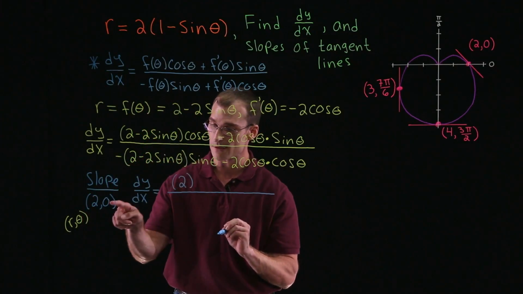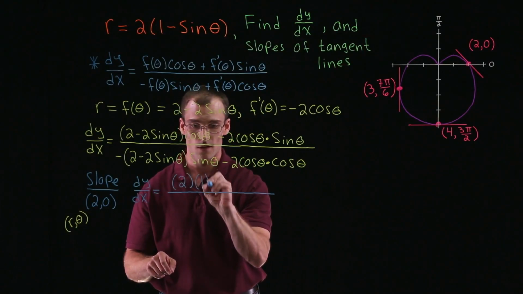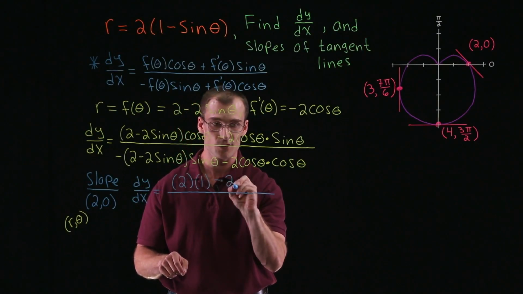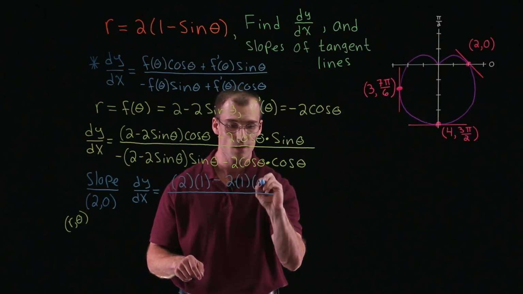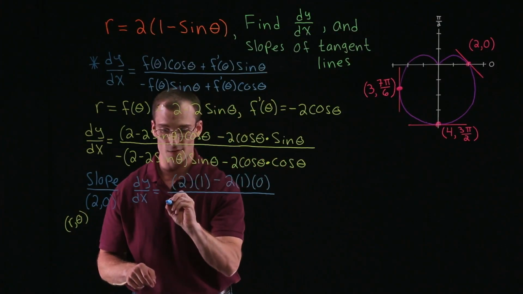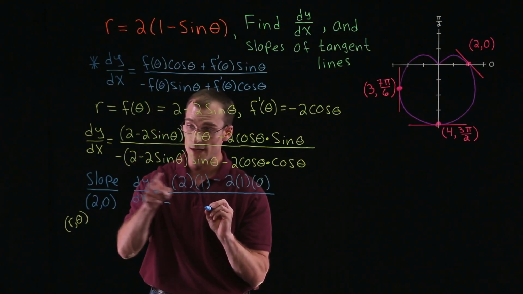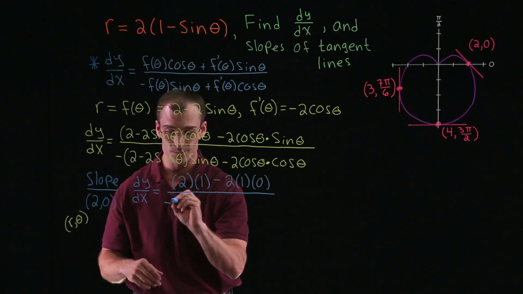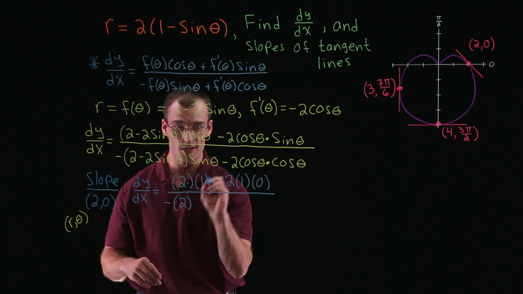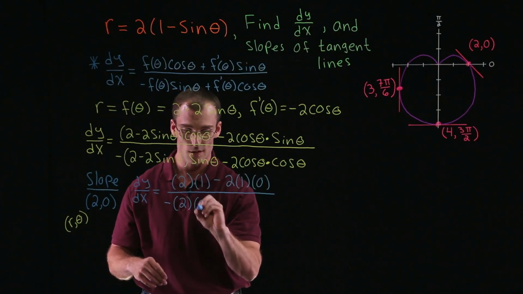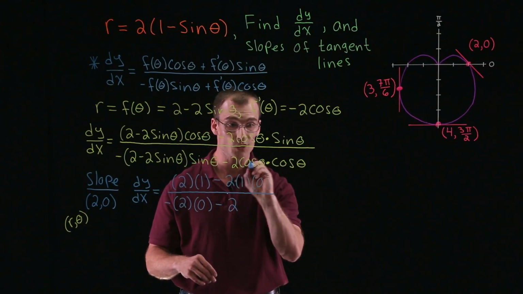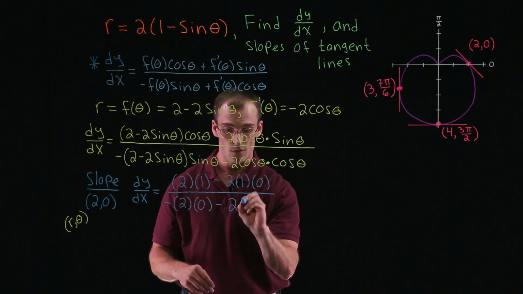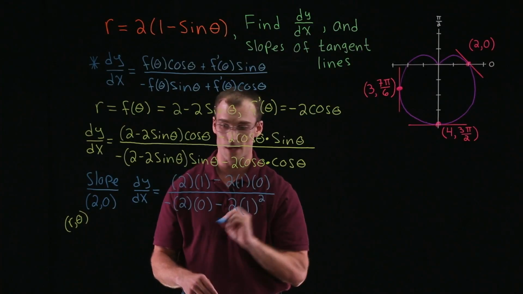And then cosine at 0 is equal to 1, and then minus 2 cosine at 0 is 1 times sine at 0 is 0. And then divided by negative, again, 2 minus 2 sine theta is just r, so that's minus 2 times sine at 0 is 0, and minus 2 times cosine squared, so that's going to be 1 squared.